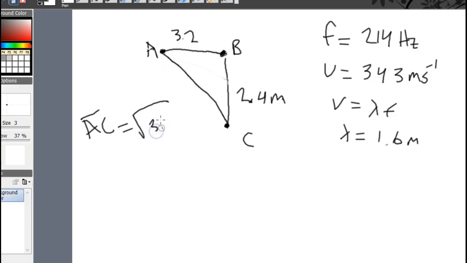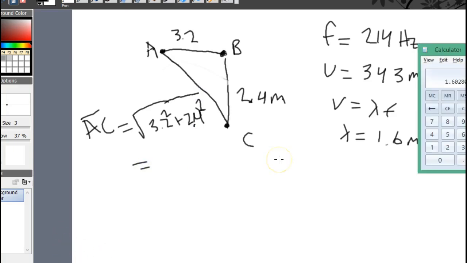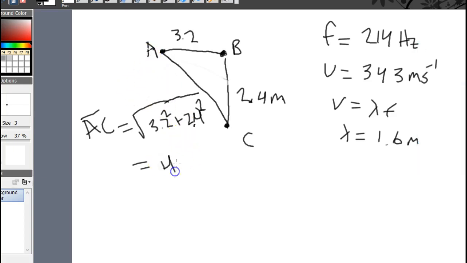That would just be the square root of 3.2 squared plus 2.4 squared. So the distance from A to C would be 4 meters.